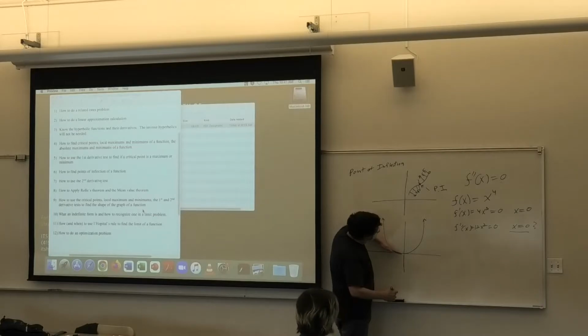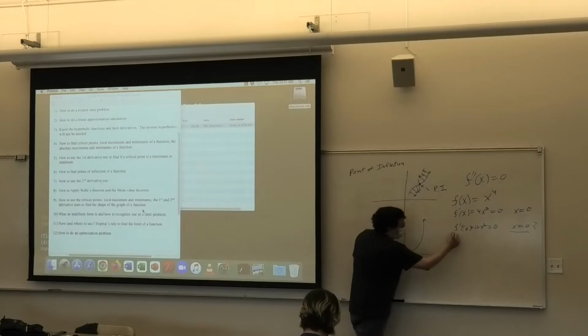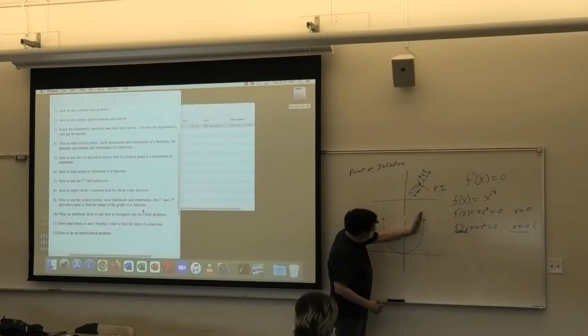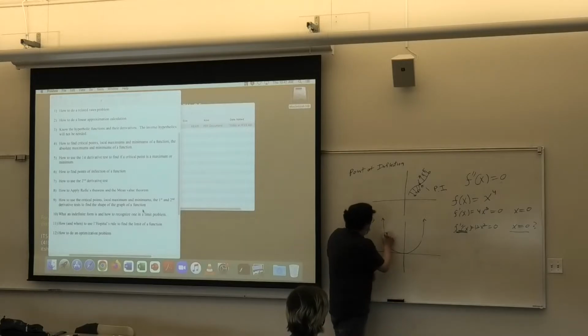The rate of change that the derivative is changing gets to 0. That's the second derivative. But it goes from negative to positive. So curvature is always in the same direction. So this is not really a point of inflection.